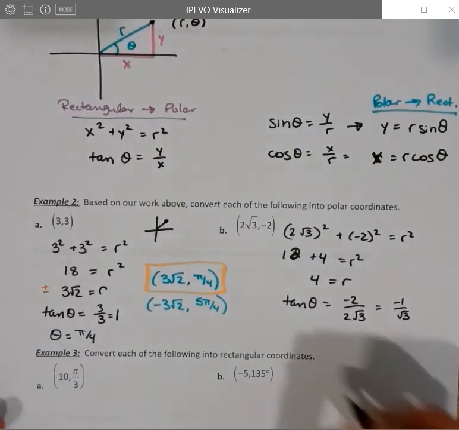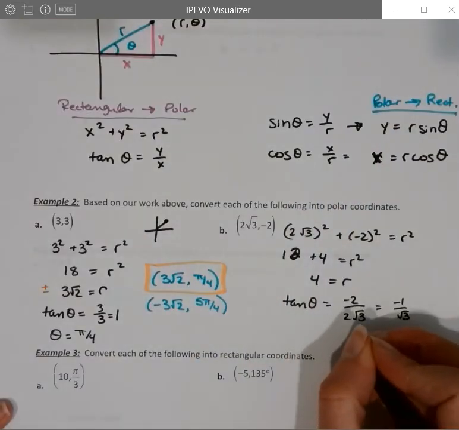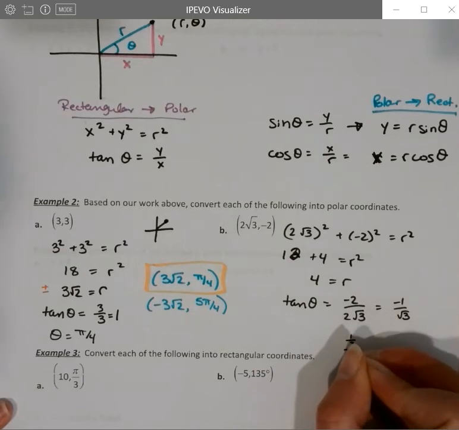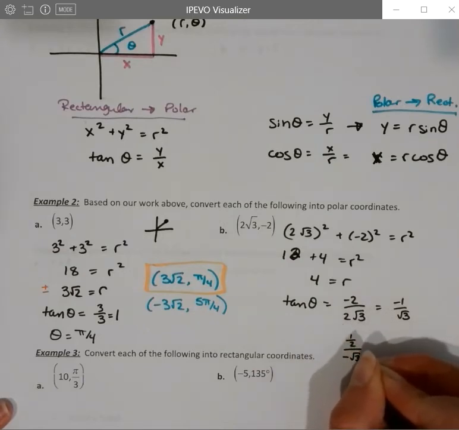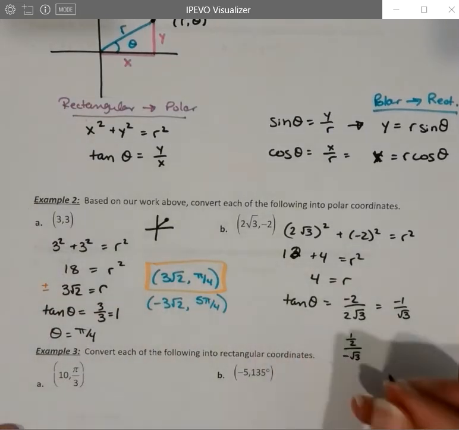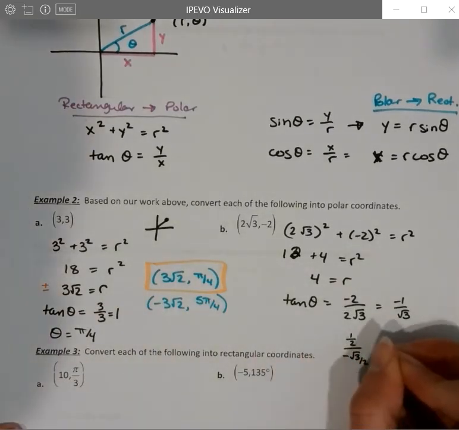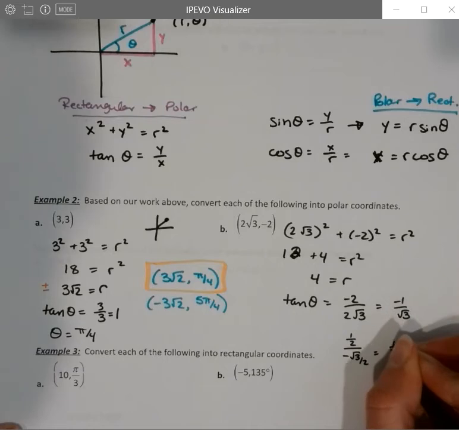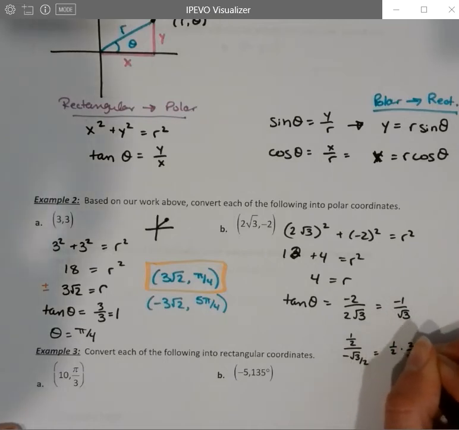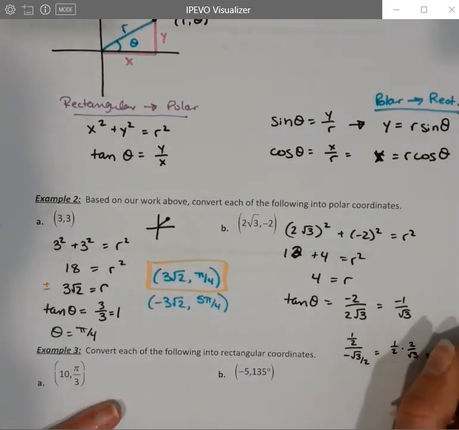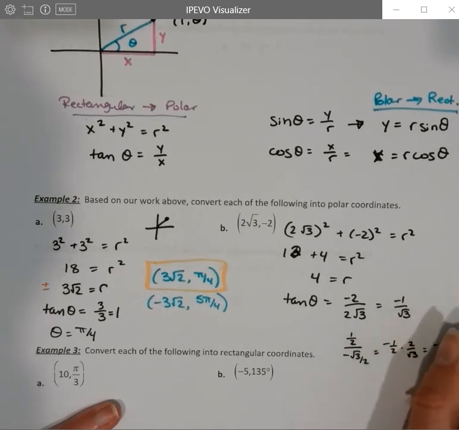So if we double check that, 1/2 on top and negative square root of 3 over 2 on bottom gives us 1/2 times 2 over the square root of 3 negative, which is negative 1 over the square root of 3.